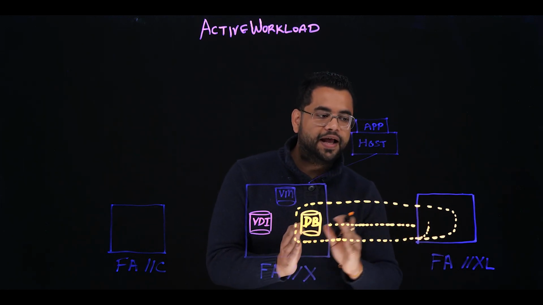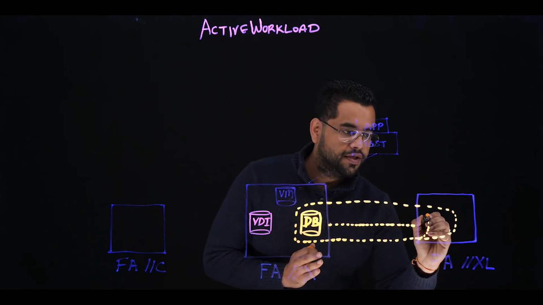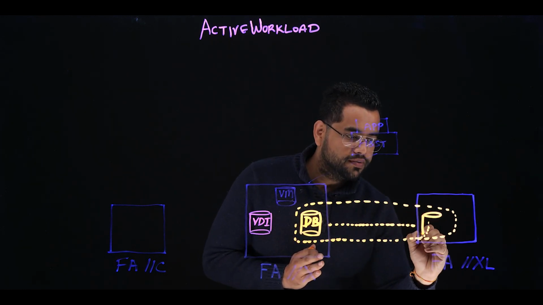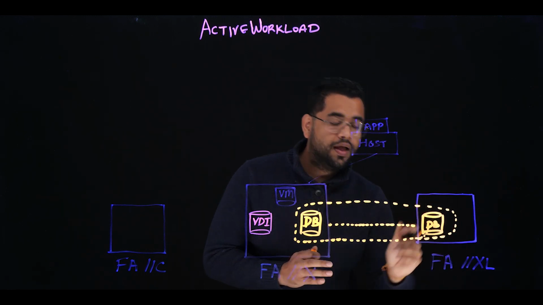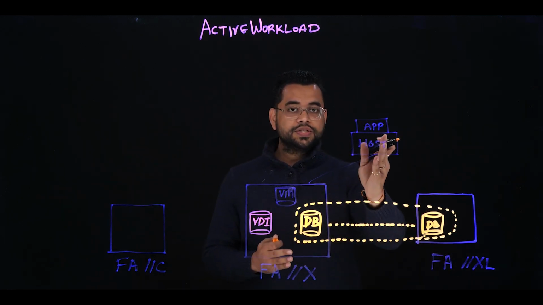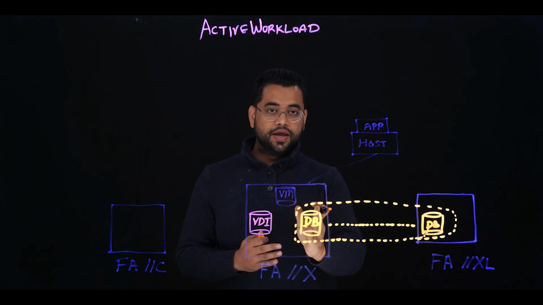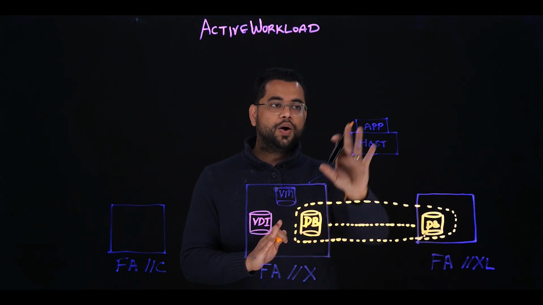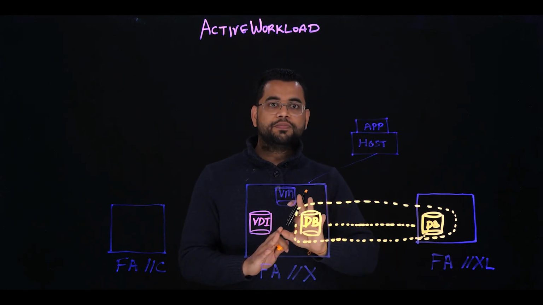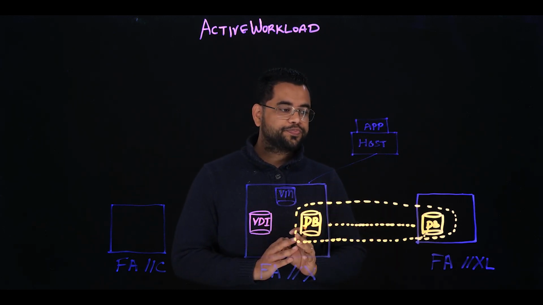Once the data has been replicated completely, this volume will show up here. Now, until this point in time, the host is still sending the IOs to this array and there is no disruption. There is no change in how this was working so far, so the business doesn't even know what's happening.